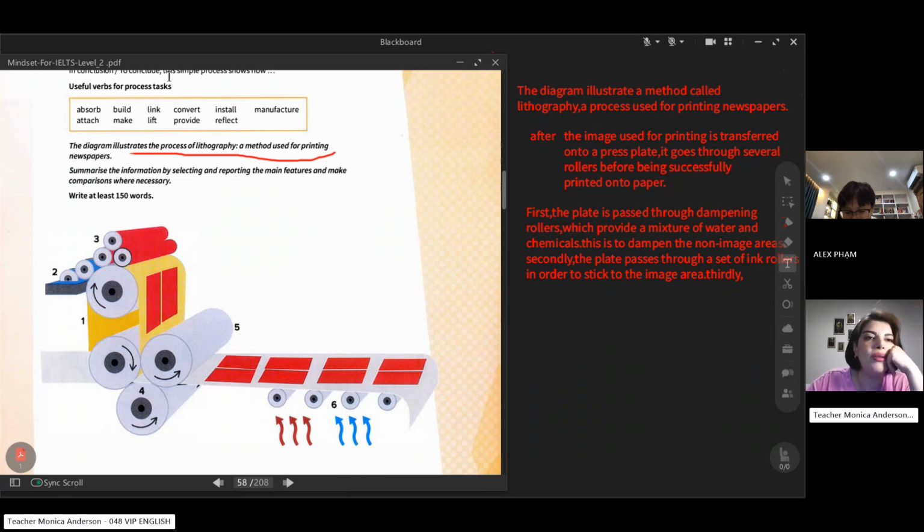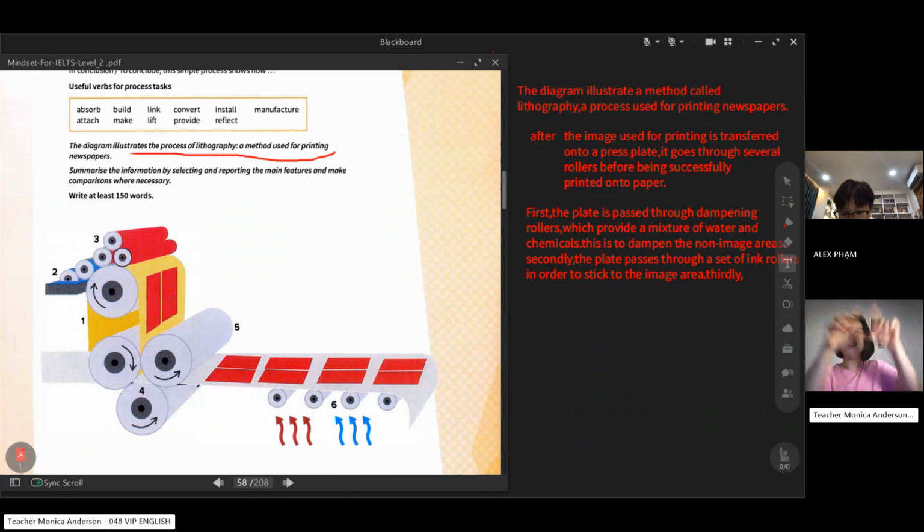Let's talk about them. The blanket cylinder is a central component used in the operation of an offset printing press. It's another part.